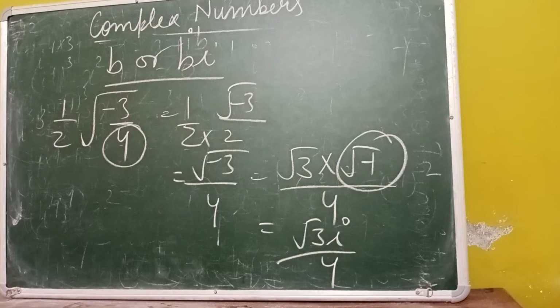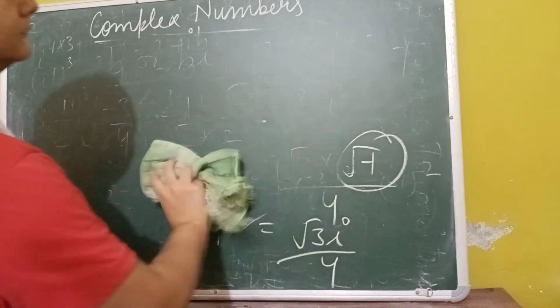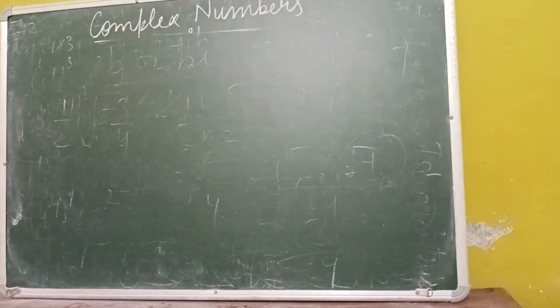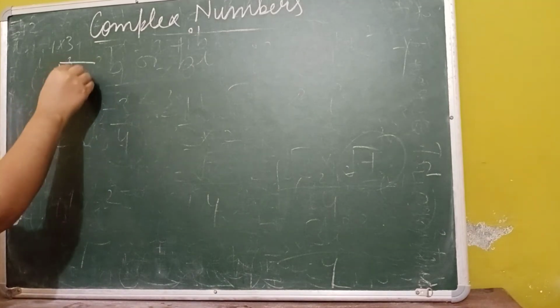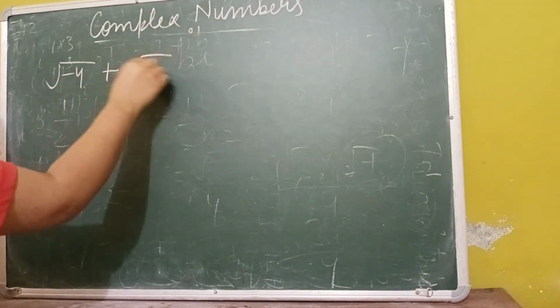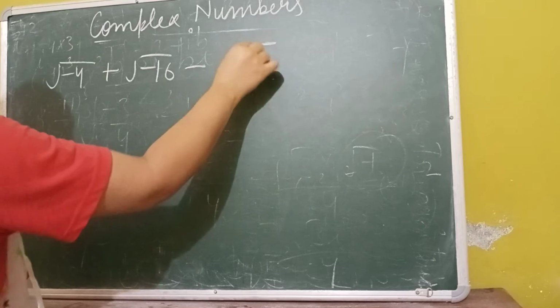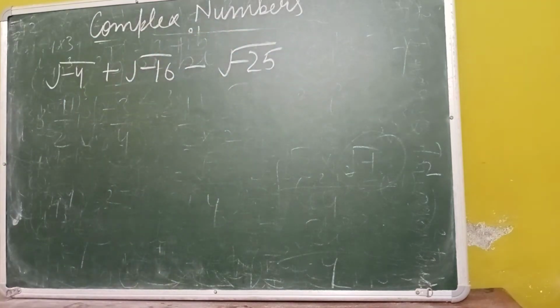One more example I am giving, which is also taken from your book. If it is given minus 4 plus square root of minus 16 minus square root of minus 25, we can notice that 4, 16 and 25 are all perfect squares.